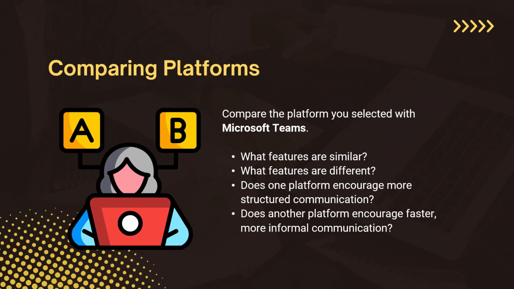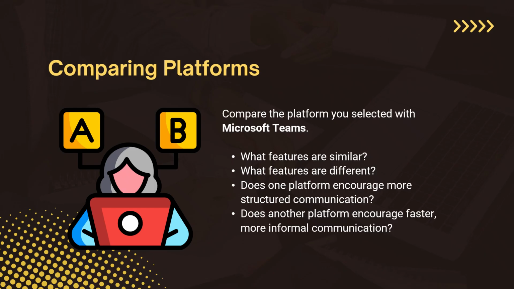An important part of this assignment is comparison. You're going to compare the platform you selected with Microsoft Teams. So I want you to think about questions such as, what features are similar between the two platforms? What features are different? Does one platform encourage more structured communication, such as meetings and scheduled discussions?